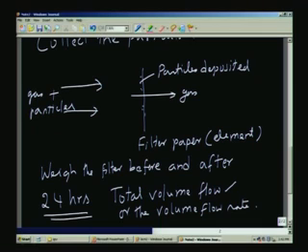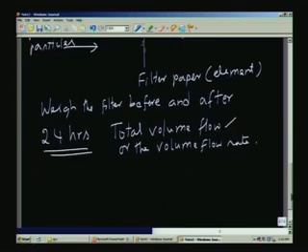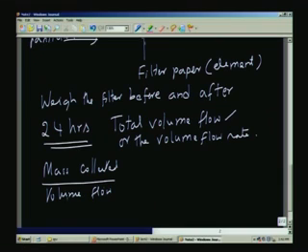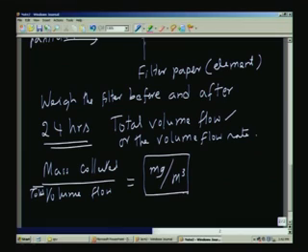So, if the weighing gives you the amount in milligrams or micrograms or whatever, so mass collected divided by the volume flow, which we will call as total volume flow, will give you the mass, milligram per, for example, meter cube. That is what we want. So, this gives you the concentration, this is another word, the concentration of the smoke, concentration of the particulates.